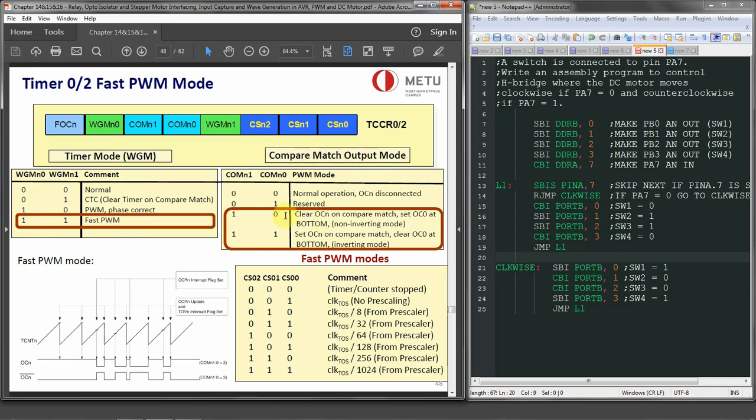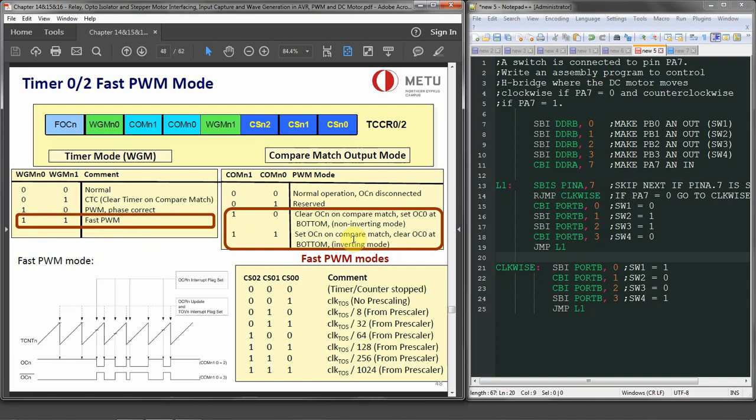We can use 1-0 or 1-1: clear OCn on compare match, which is non-inverting mode, or set OCn on compare match, which is the inverting mode. I'm going to go into the details of this to show how we can use inverting or non-inverting modes.